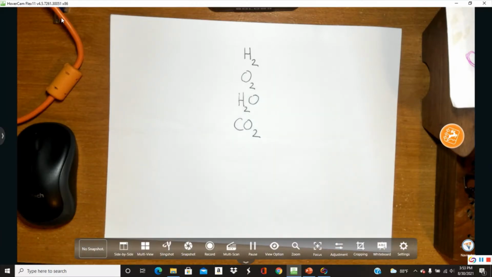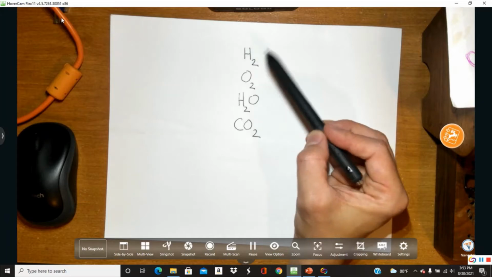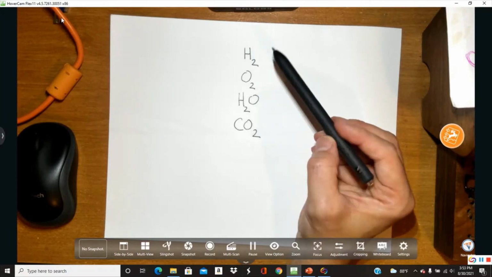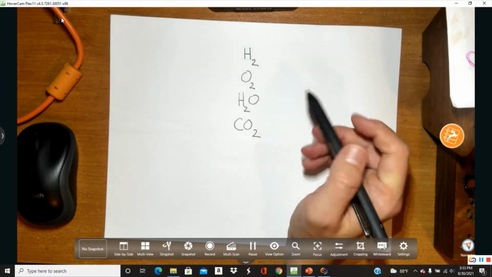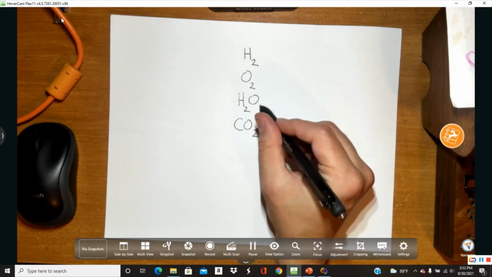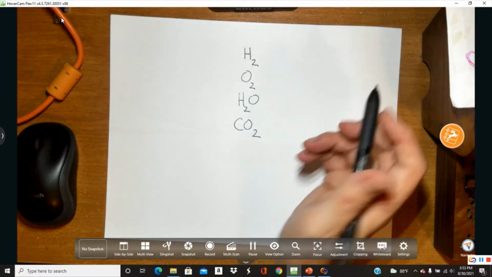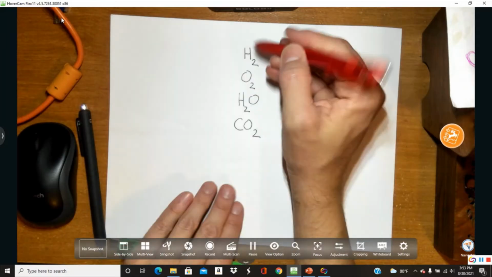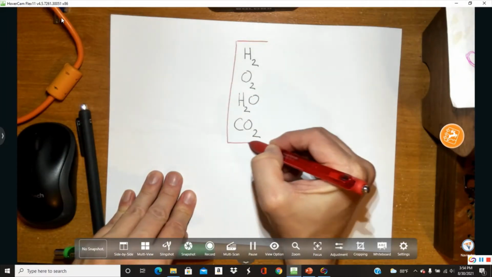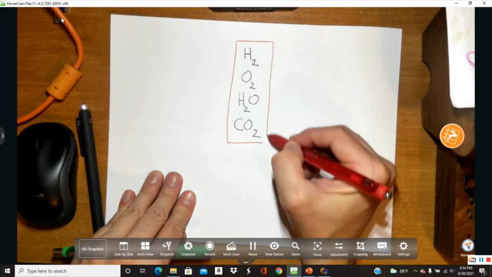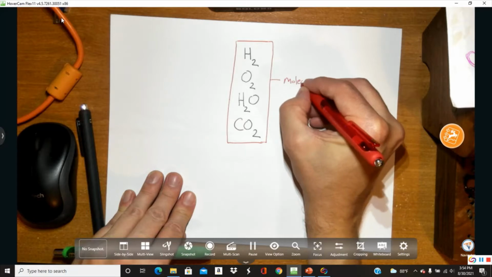Now, these are all molecules because we have 2 or more atoms bonded together. 1, 2, okay, 1, 2, 3, 1, 2, 3, 1, 2, 1, 2, okay? 2 or more atoms bonded together. That in itself qualifies every last one of these to be in the molecule club. These would all be molecules.